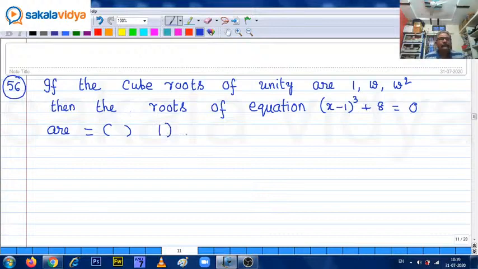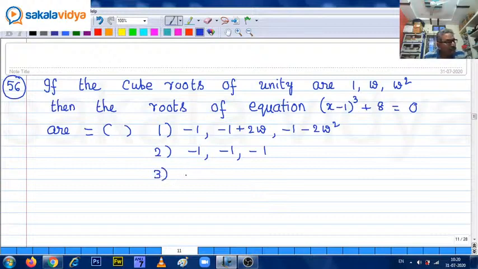First option: minus 1, plus 2 omega, minus 1 minus 2 omega square. Second one: minus 1, minus 1, minus 1. Third one: sorry, this is plus 1, 1 minus 2 omega, 1 minus 2 omega square.